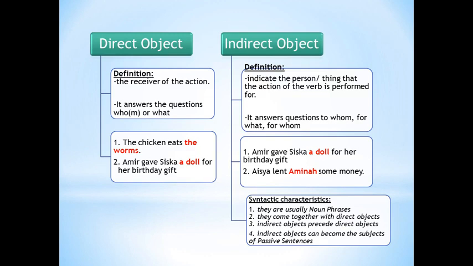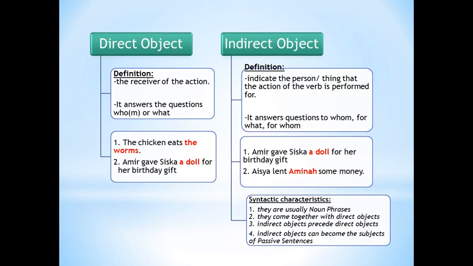The worms adalah objek, penerima tindakan dari chicken. And in the second sentence, Amir gave Siska a doll for her birthday gift. Direct object dari kalimat tersebut adalah a doll atau boneka.